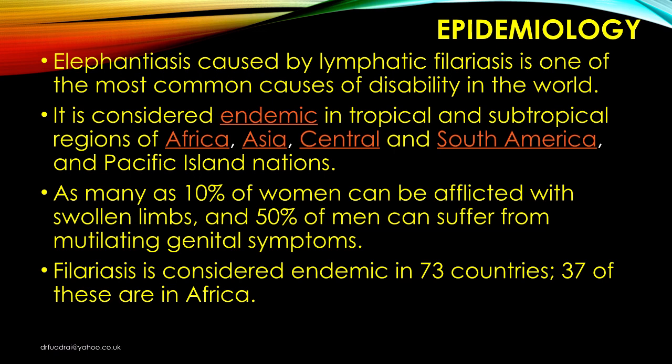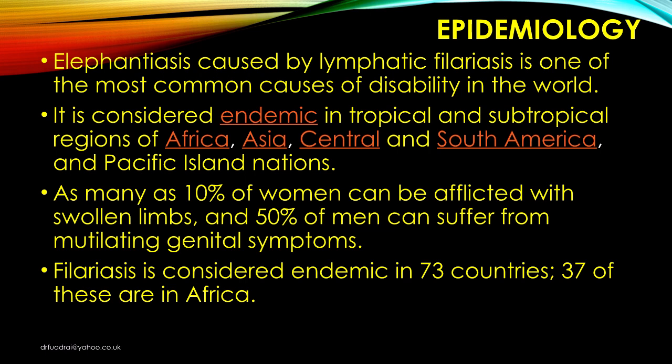W. bancrofti occurs in sub-Saharan Africa, Southeast Asia, the Indian subcontinent, many of the Pacific Islands, and focal areas of Latin America and the Caribbean. And the vectors of lymphatic filariasis, a little bit about that.